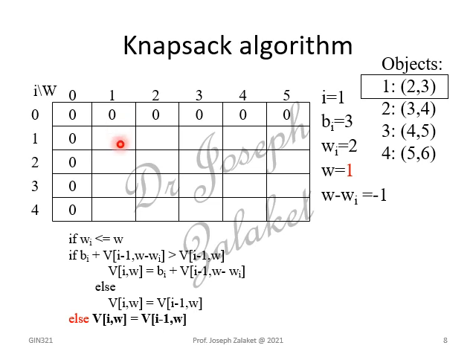So we will take the previous value, which is at the previous line, and put it here. By applying this test, if wi is less than w, in the first cell here it's not the case, so we will assign to V[i, w] the value of V[i-1, w], which is this value 0. We'll put it here.